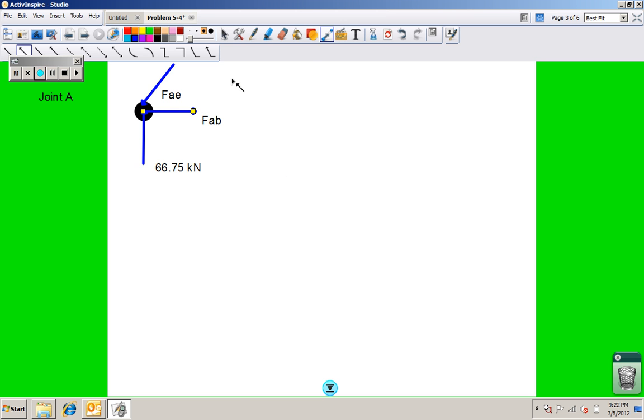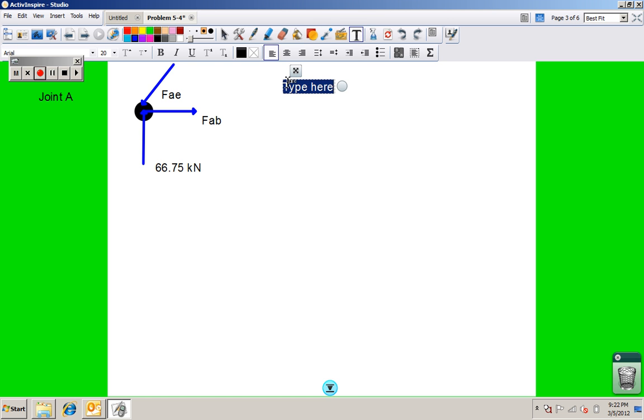There we go. Okay, so the first thing we need to do is really find angle A. So angle A is going to be equal to the arctan of the opposite over the adjacent.